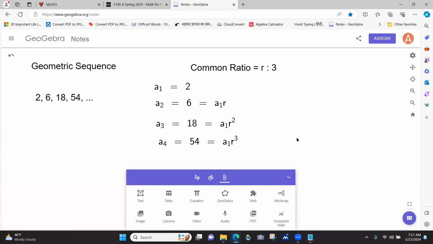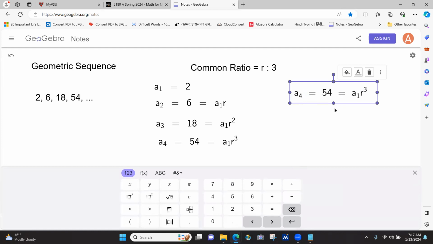Now, what pattern do you see? Do you see when this subscript is 2, this power is 1? There's no power shown, so that's 1. The subscript is 3, so the power is 2. If the subscript is 4, the power is 3. This pattern continues, and the general nth term for a geometric sequence can be determined with the help of this formula using the argument that we have provided so far.